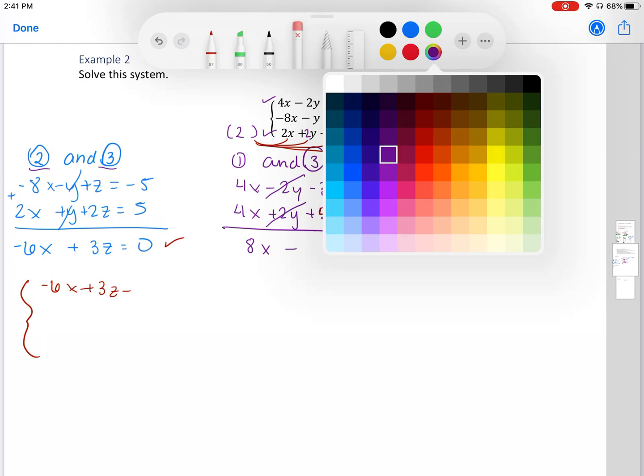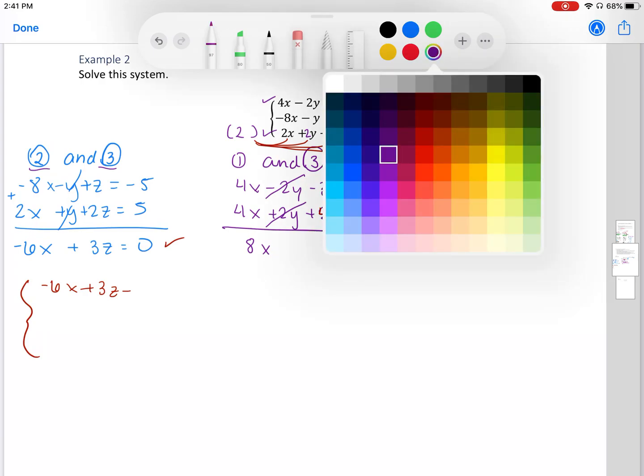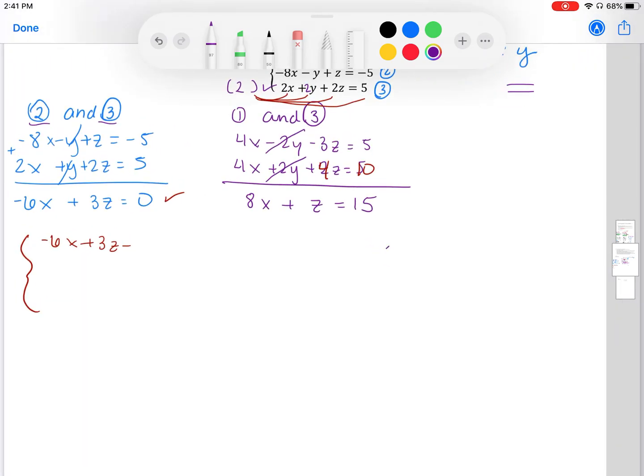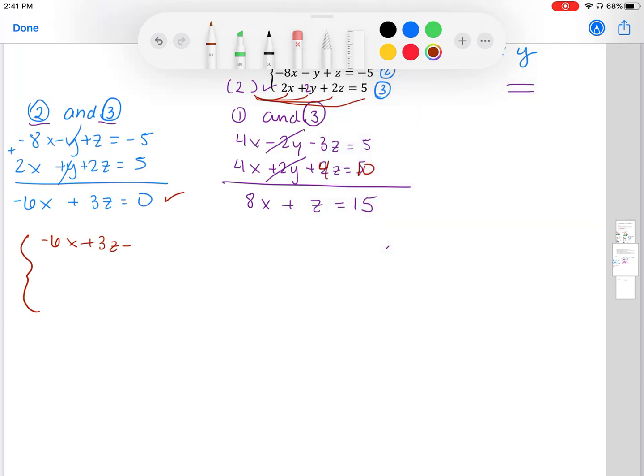So we have positive 1z plus z equals 15. I need to be more careful with my work. I need to show every step. Whenever I say show every step, I truly mean it. I always make small mistakes.